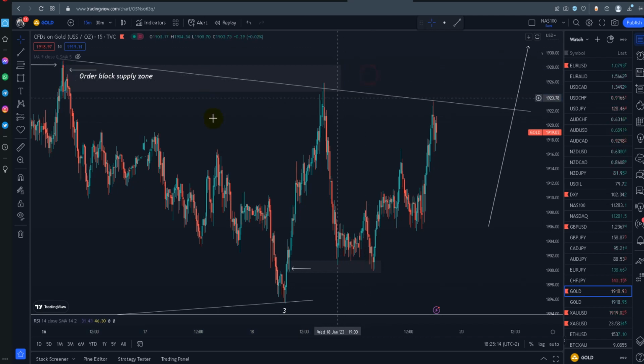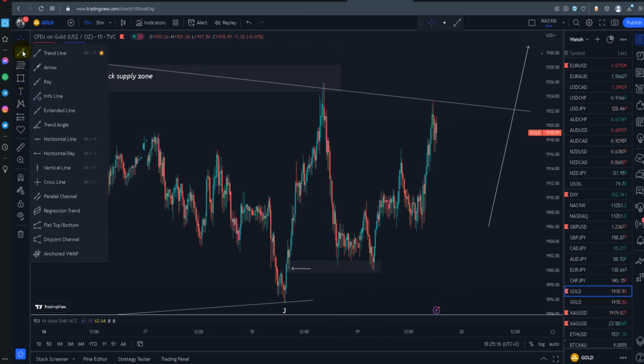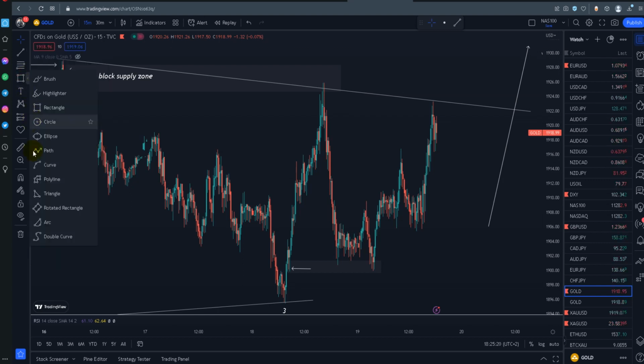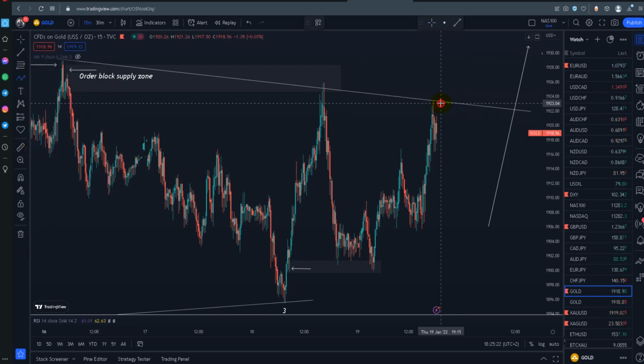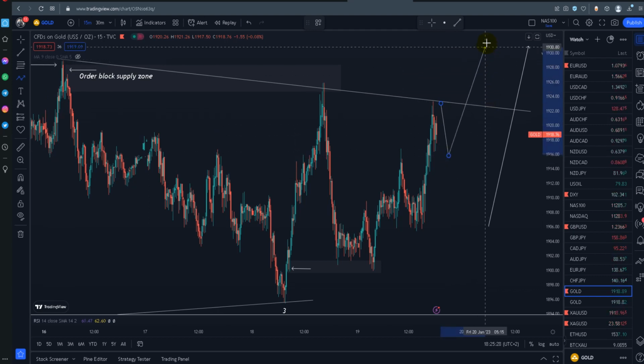Okay, so two things could happen from this point forward. The market could push down, right, to somewhere there, and then push back up, breaking that zone.